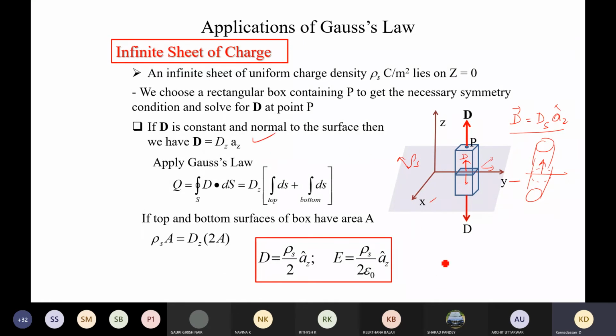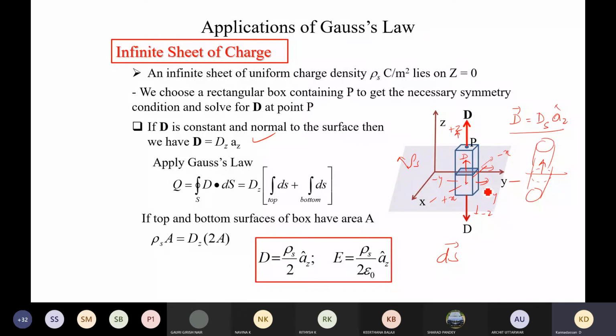Then we have to define this dS vector. So what is this dS vector? You can see that there are about 6 directions. One is along plus y, another one is minus y, another one is plus x, another one is minus x. In 4 directions we have the field area, and also along the plus z direction and minus z direction.